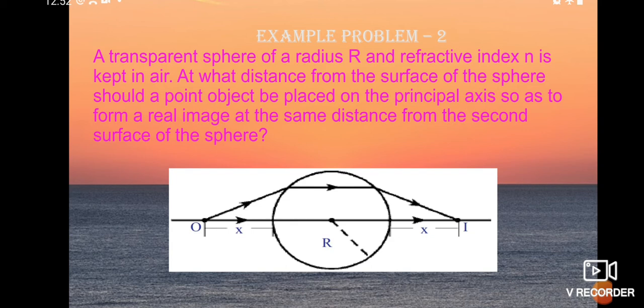So we have to find where to keep the point object. So we have to take only the left side portion of the sphere, that is, the left side portion of the diagram. Okay students, now let us see here.